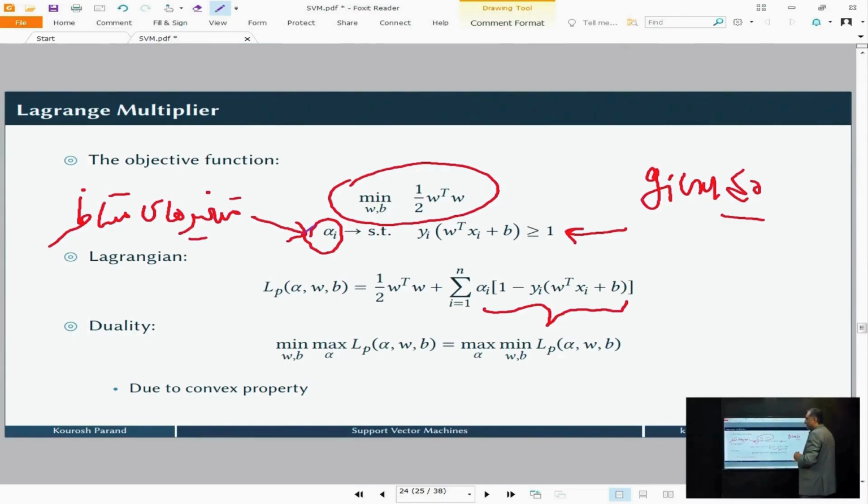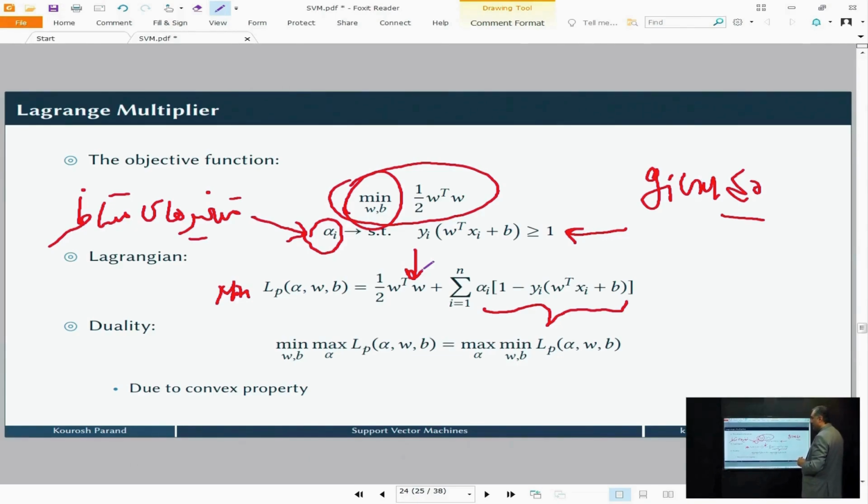So the problem is in the form of a minimization. What did we want to minimize over? We wanted to minimize over w and b. So the Lagrangian is L_P = 1/2 w transpose w plus the sum, from 1 to n, which is the number of our observations or training samples, of alpha_i times (1 minus y_i(w transpose x_i plus b)).